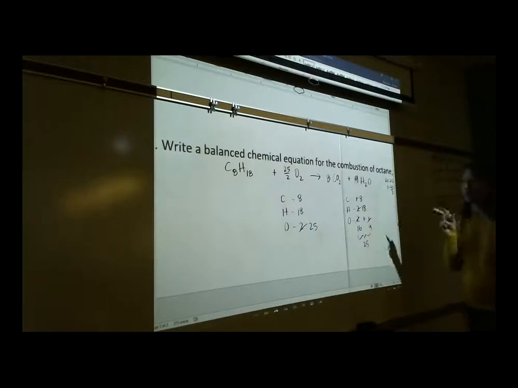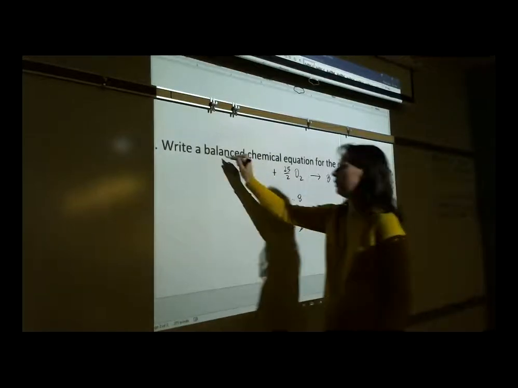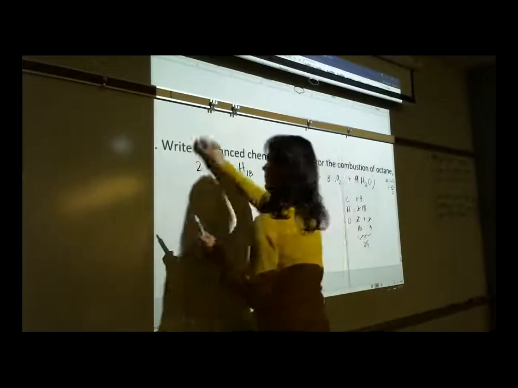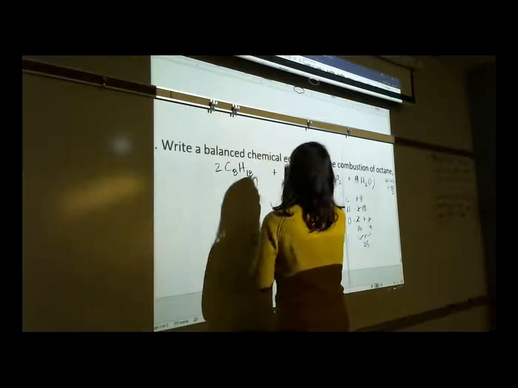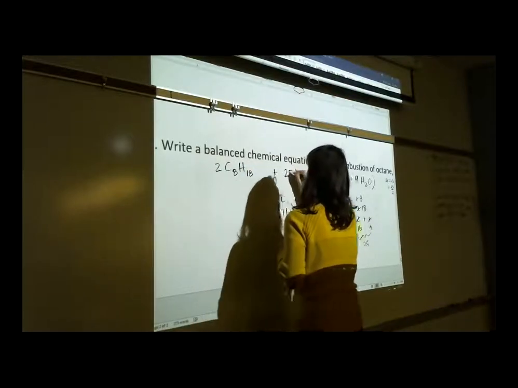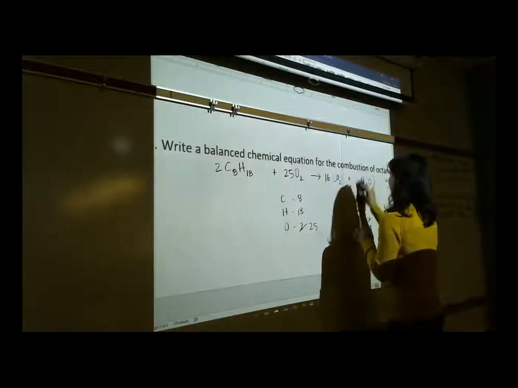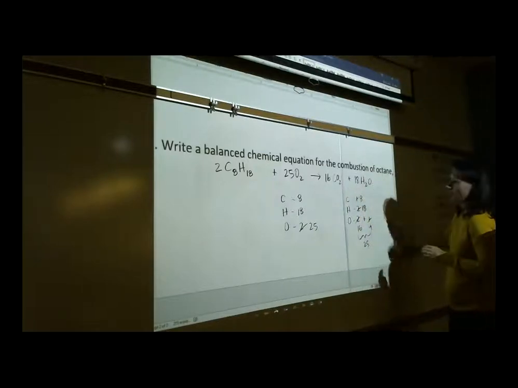No. So how do I get rid of that? Multiply everybody by the denominator. That makes this coefficient become 2, this 25, this 16, and this 18. And that's my final answer.